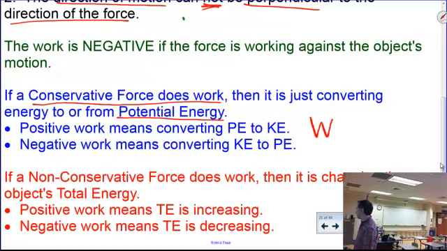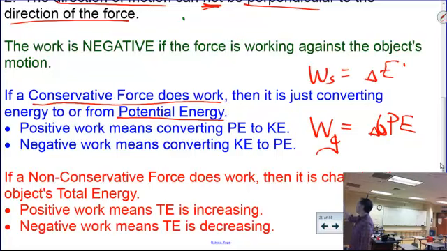It turns out that the work done by conservative forces is equal to the change in the potential energy associated with it. If this is gravity, this is gravity. If you have the work done by a spring, that's equal to the change in elastic potential energy.